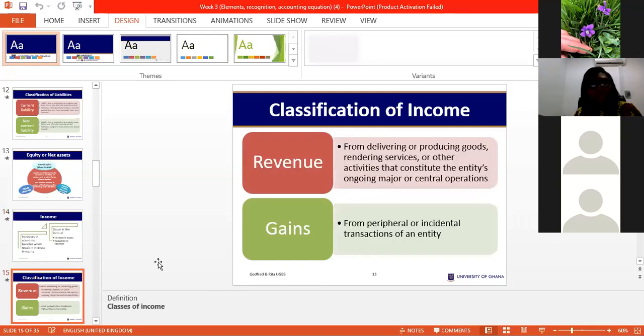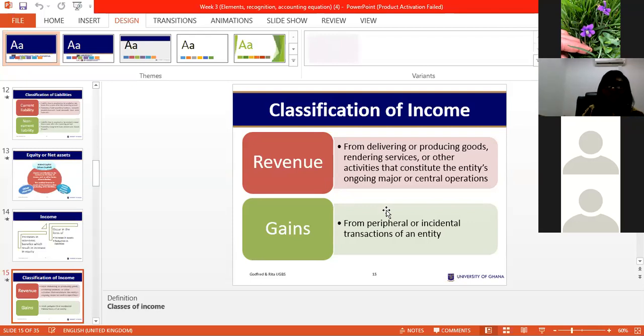Okay. Now there are two classifications of income. It could be revenue or it could be gains. Now revenue is income that is obtained from your core business activity. So I cited an example of Coca-Cola. If Coca-Cola's core business activity is manufacturing drink products with a label Coca-Cola products, then any amount raised from the sale of those products would be revenue.